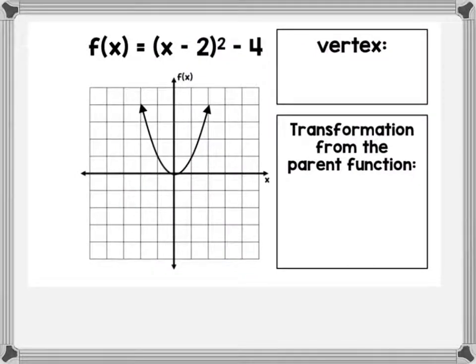Let's look at another one. So in this one, I've already got sketched in black the original parent function. We just have to find the vertex. So pause it and see if you can find the vertex. So our vertex is now at 2, -4.